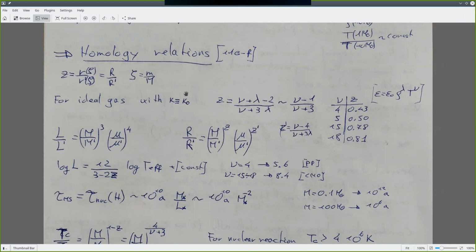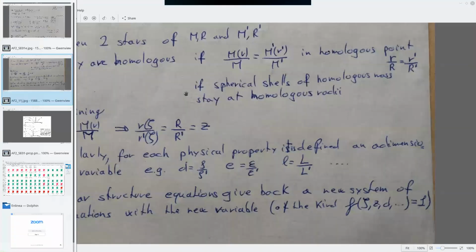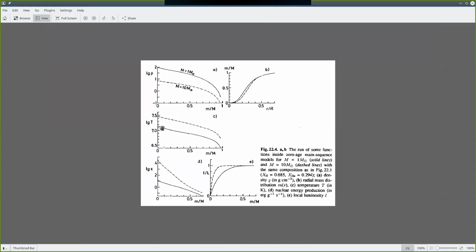It is quite good if the temperature is quite high, and we saw here that almost all the stars are at 3 million degrees or more.